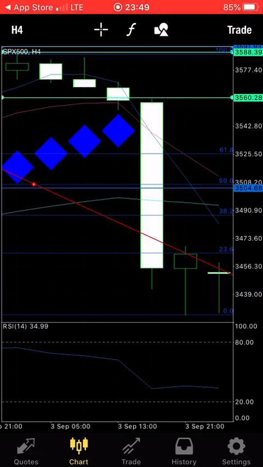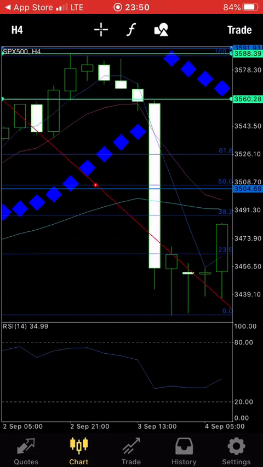You're talking close to $100, $115 ish in a 4-hour candle, on a 0.01, that's one of these SPX. So you do the math. If you're doing a 0.1 or a 0.25 rate, the amount of money that you can potentially make in the markets when you progress and get your skills good.